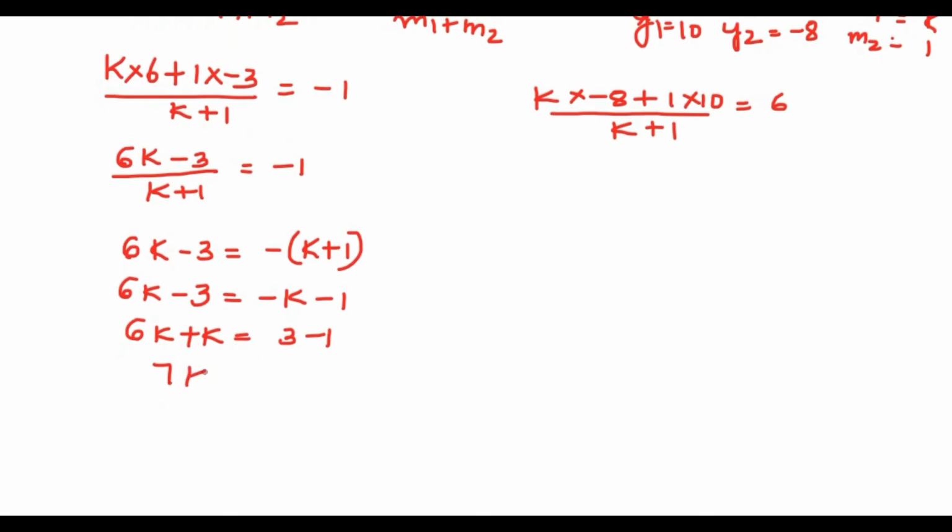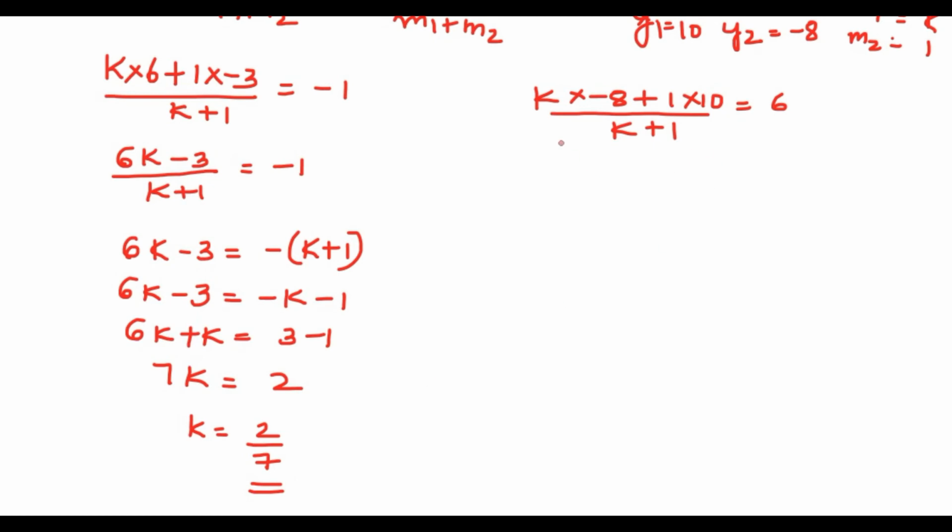So 7k is equal to 3 minus 1, which is 2. So k is equal to 2 by 7. So we can say that our required ratio is 2:7.